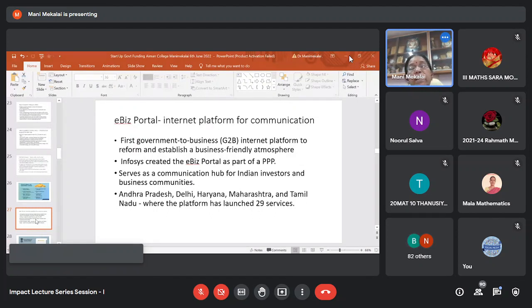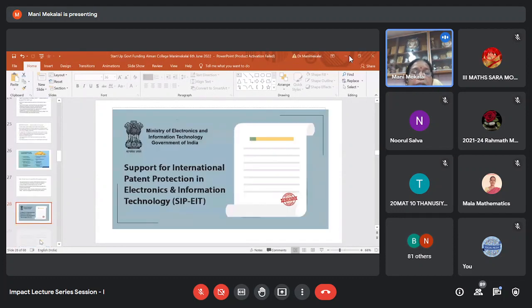For the Government of India, Infosys is running this portal, maintaining this portal, and it serves as a communication hub for Indian investors and business communities. So if you go to this Ebiz portal, you will come to know what are the areas for businesses, prospective businesses, any new schemes introduced, support systems available, etc. And it is already operating in Andhra Pradesh, Delhi, Haryana, Maharashtra, and Tamil Nadu. This Ebiz program is available.